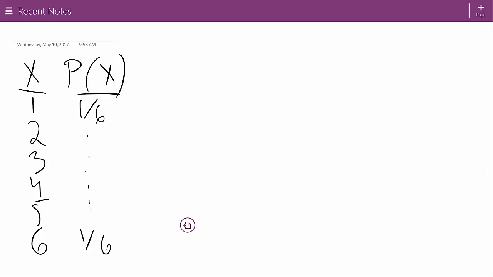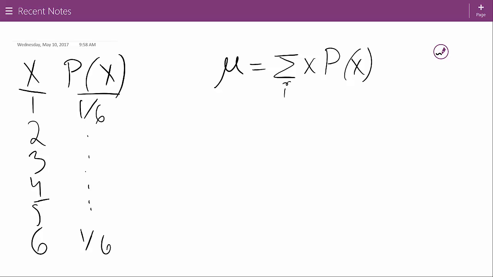Or alternatively, I can say, well, let's not do it. Let's use the formula. So what's the average that I can get? Well, according to the formula, it's adding together x's multiplied by their probabilities across all different possibilities.